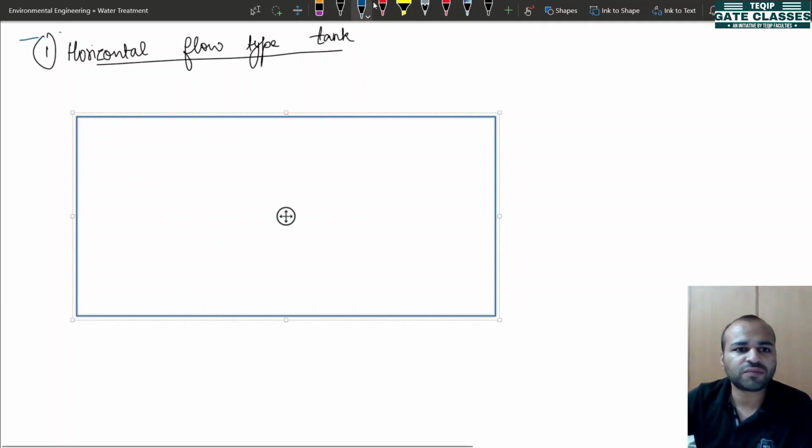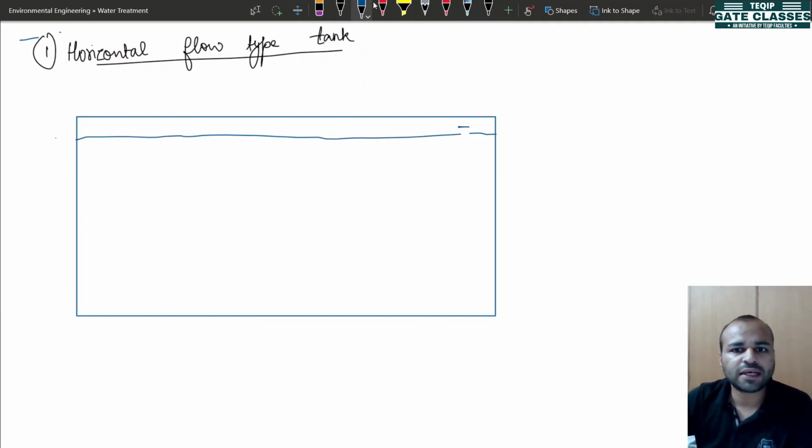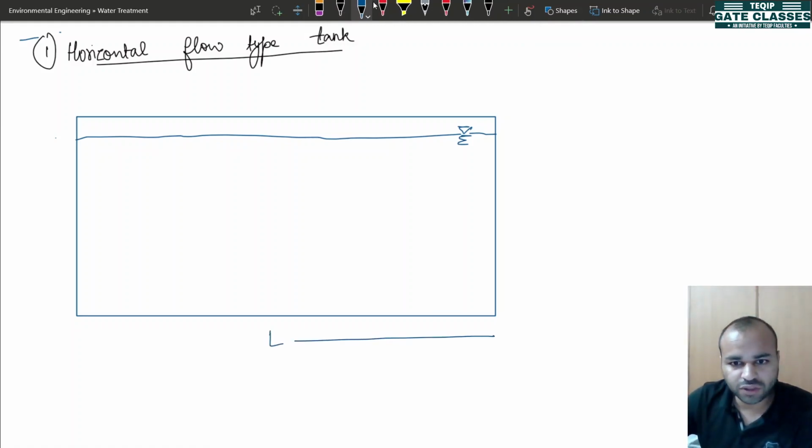The concept is simple. This is your sedimentation tank and this is your water level. In the horizontal flow type tank, this rectangular portion is your elevation. This is your length of the tank.